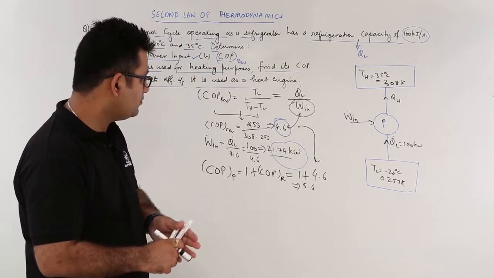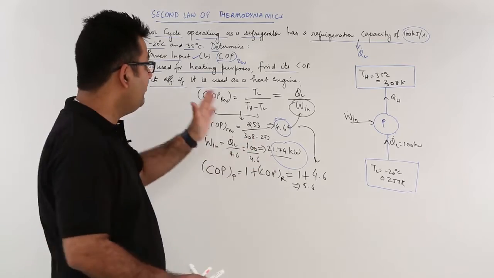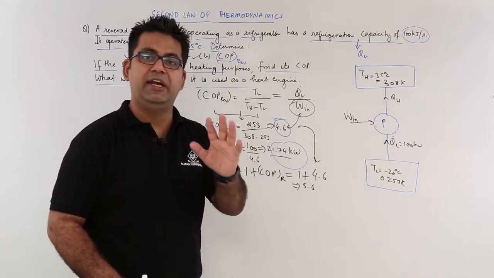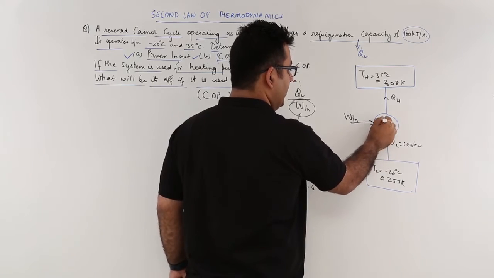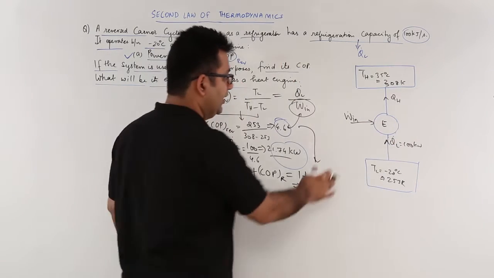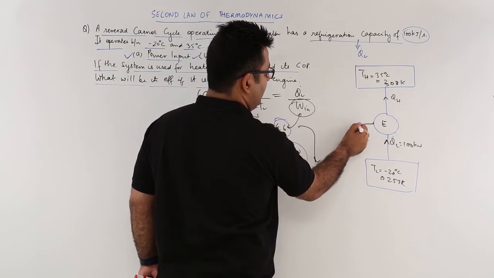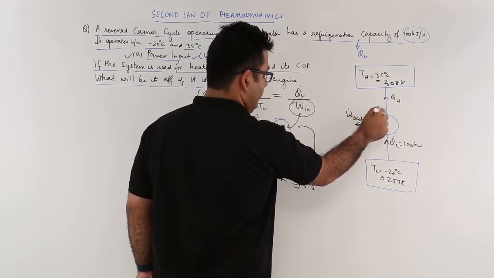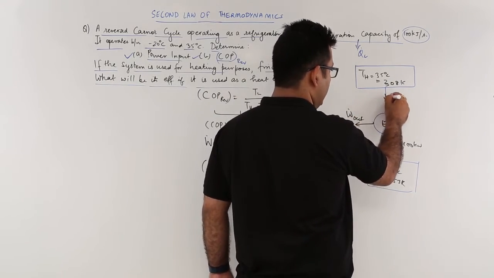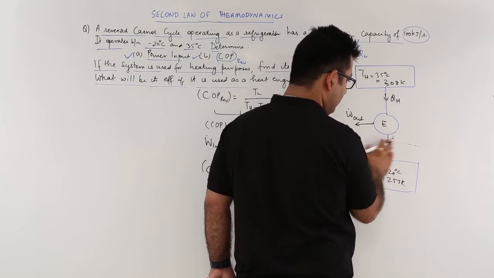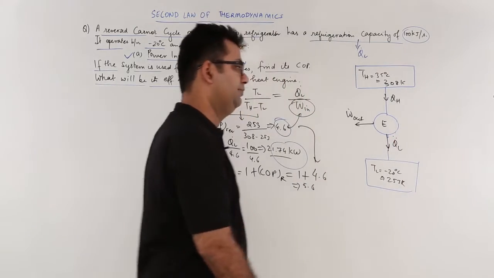Now the last part of the question is what will be its efficiency if this works as a heat engine. Now if you remove this P and put E over here, the direction of this arrow would reverse, and this input would now become output. This rejection would now become absorption, and this also will be reversed.